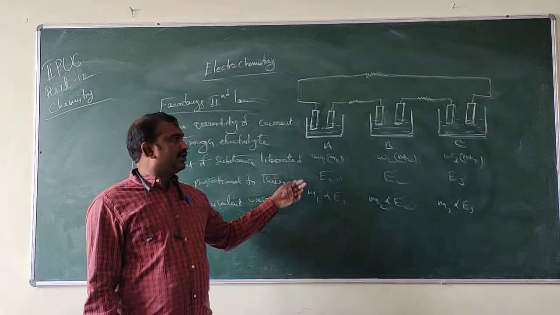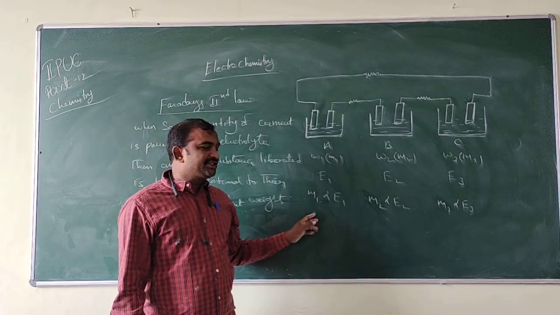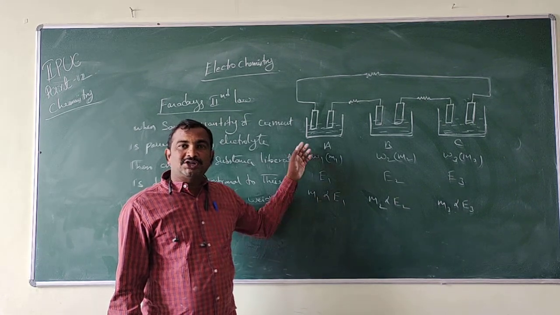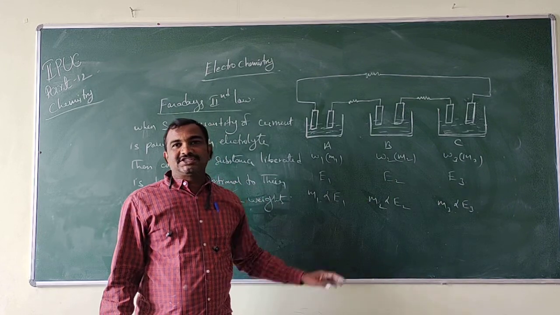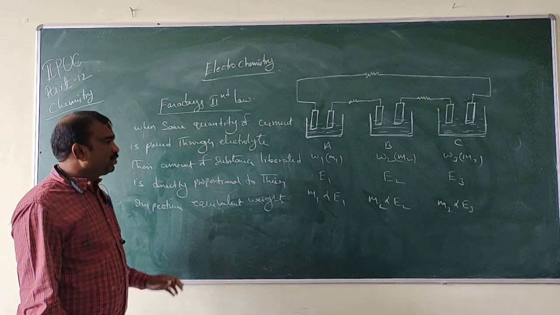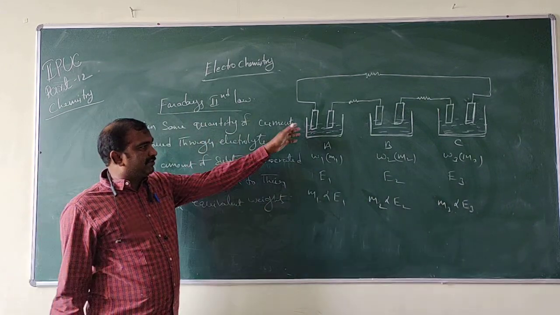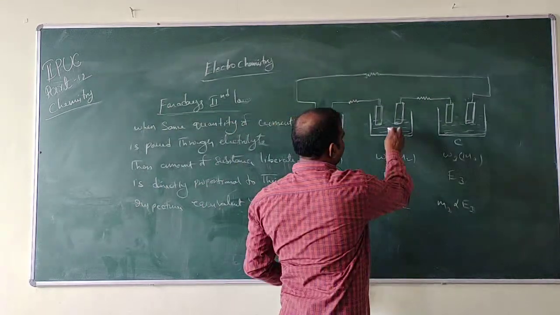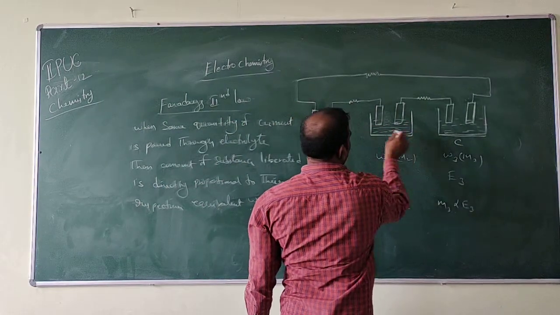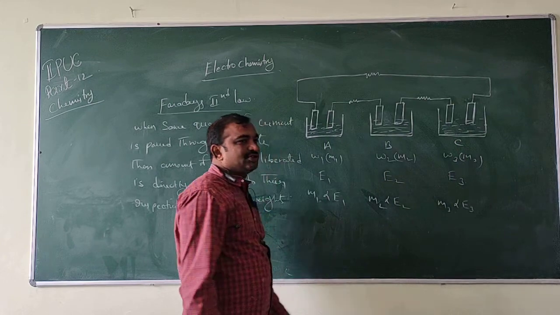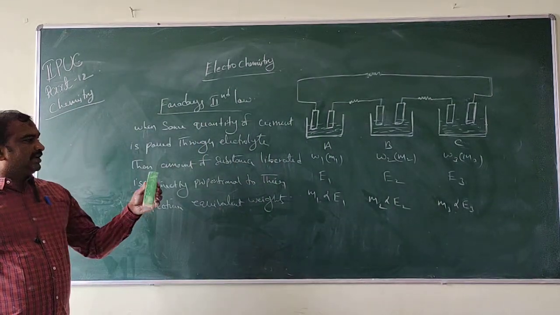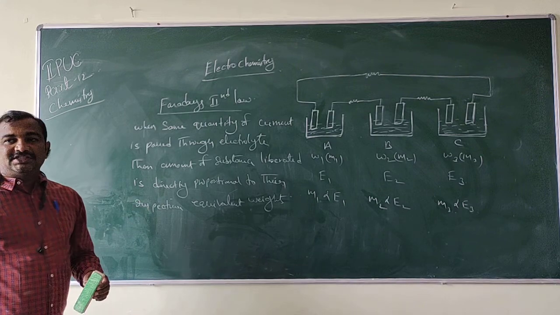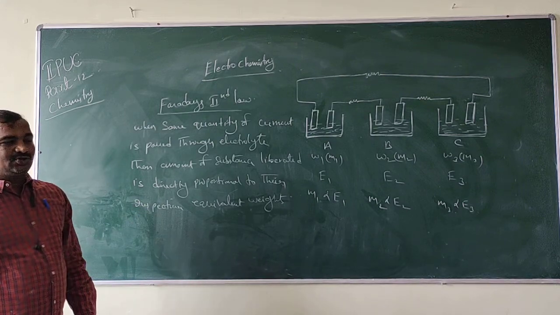Say it simply. Mass liberated M1 is directly proportional to E1. Mass liberated M2 is directly proportional to E2. Mass liberated M3 is directly proportional to E3. So when the same quantity of current is passed through three electrolyte solutions, the amount of substance liberated is directly proportional to their respective equivalent weights.